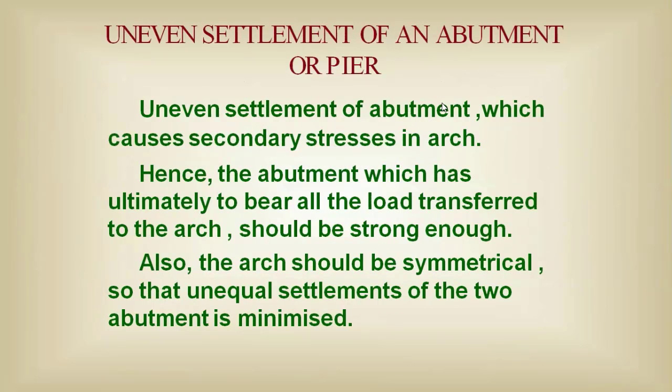Then uneven settlement of the abutment or the pier. Abutments are subjected to compressive force and thrust which may cause settlement. To avoid settlement, the abutment should be strong enough. Uneven settlement is also avoided if arches are symmetric.